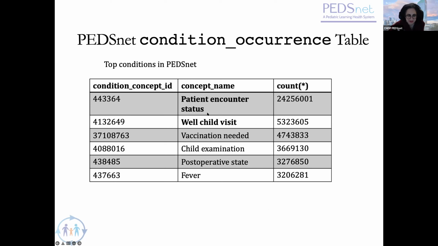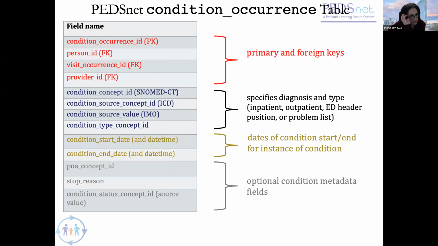It's just a code that is used to represent that a patient was seen at an encounter. Well child visit, vaccination needed, and etc. These are all the most common diagnoses. So I think it's always interesting to see that.